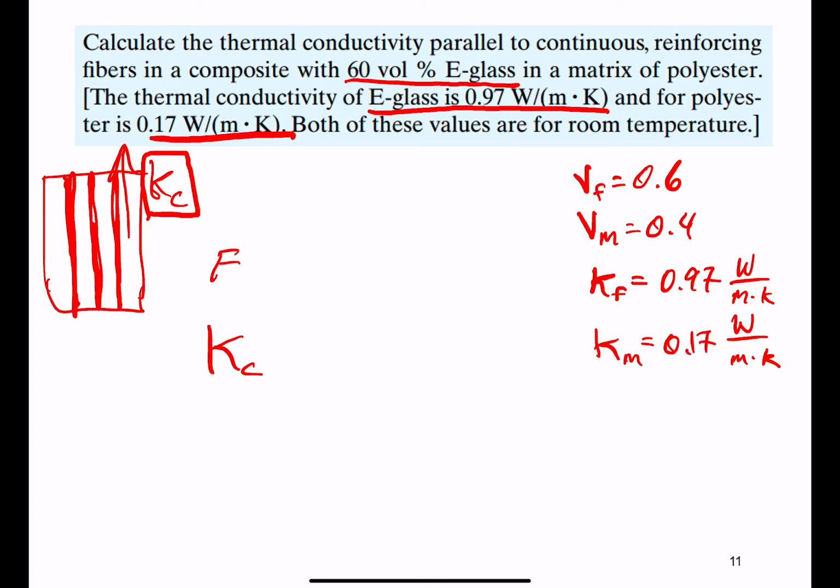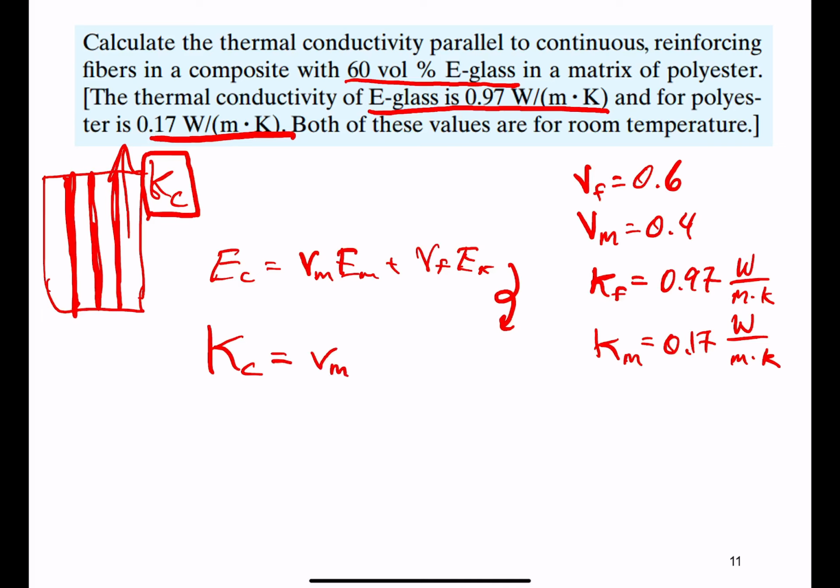Okay, so previously we had EC is equal to the VM times EM plus VF EF. And we're now going to modify this to reflect a version that speaks to thermal conductivity.